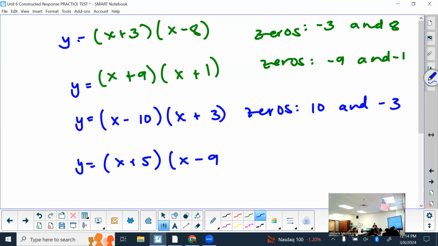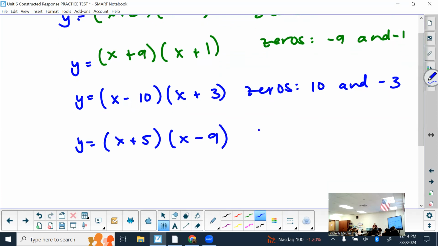Okay, what would be the zeros of this random thing I made? So it's -5 and... wait, say it again. So what's the pattern then? How can you identify your zeros from the equation so easily?